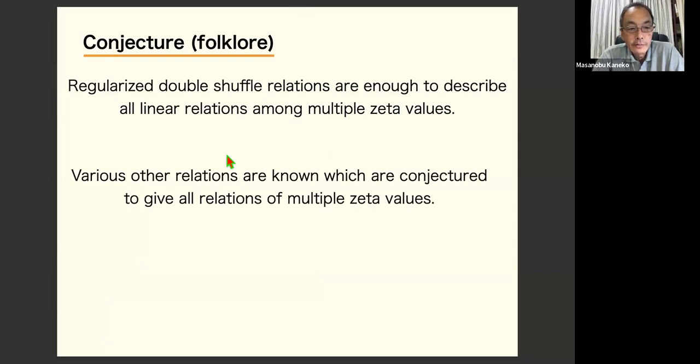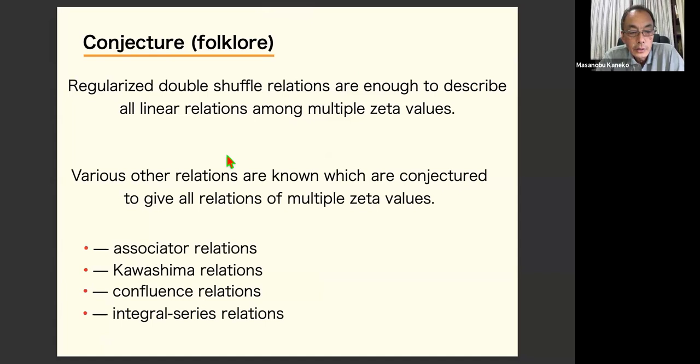And nowadays various other relations are known, which are conjectured to give all relations of multiple zeta values, such as associator relations, Kawashima relations, confluence relations, integral series relations, et cetera. But it's not yet fully understood whether any one of these is really enough to describe all linear relations among MZVs.